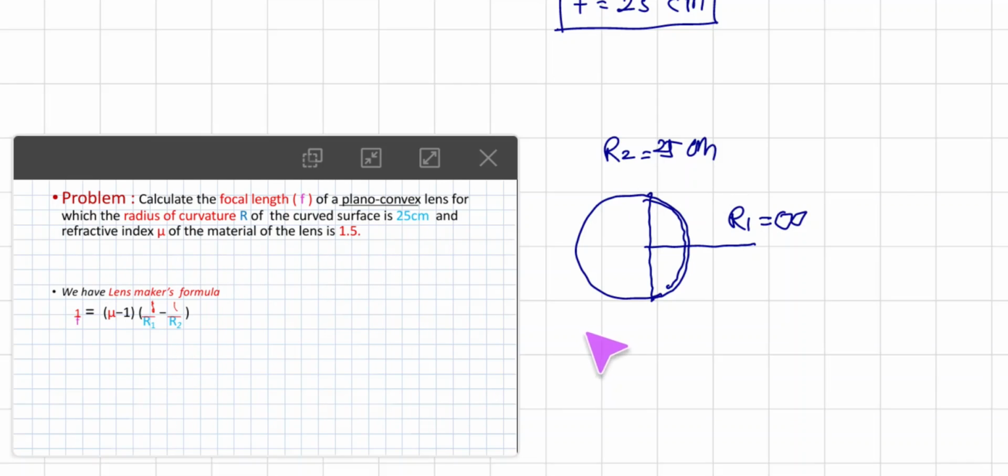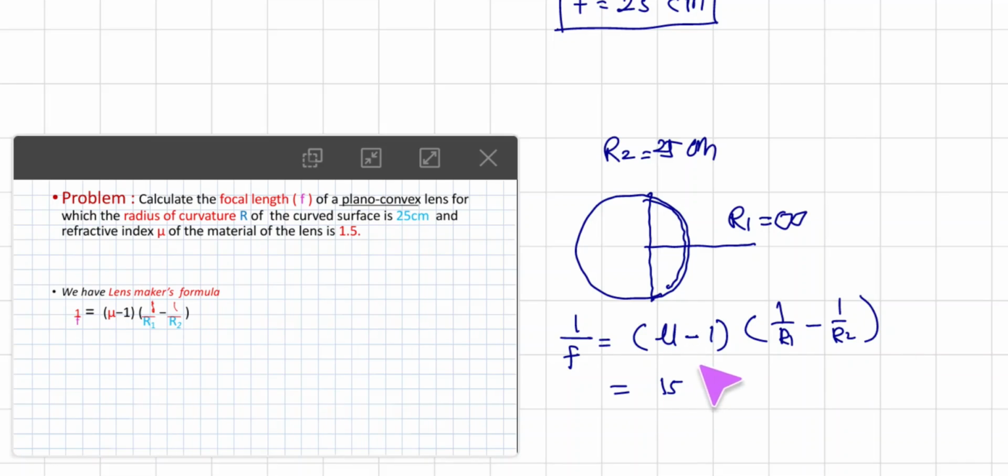Similarly, putting the values here, 1 upon f is equal to (mu minus 1) into (1 upon r1 minus 1 upon r2). Now you simply put the given values: 1.5 minus 1, into 1 upon r1, and r1 we saw is infinite, minus 1 upon 25, but this minus becomes plus.